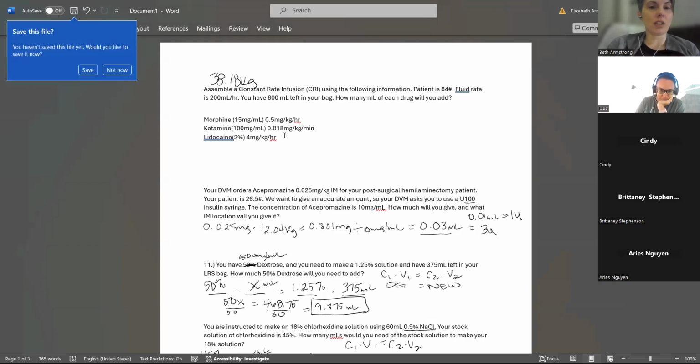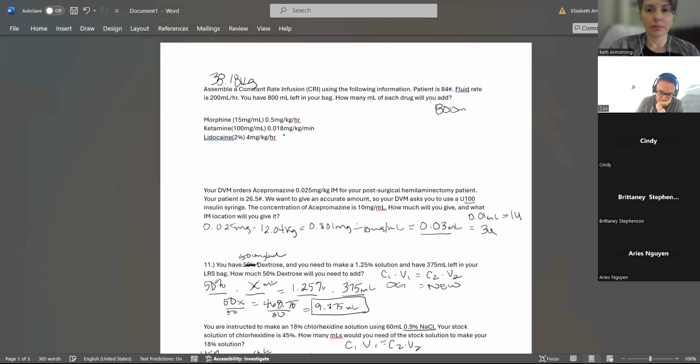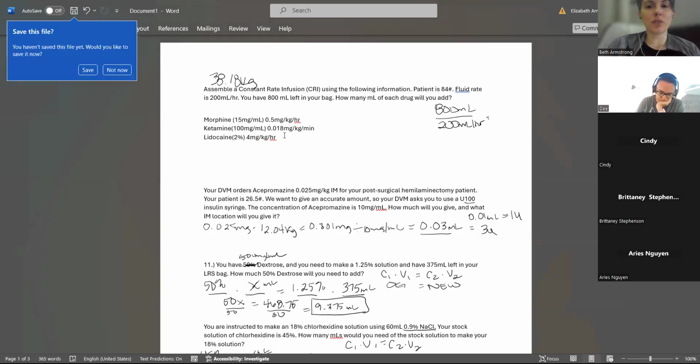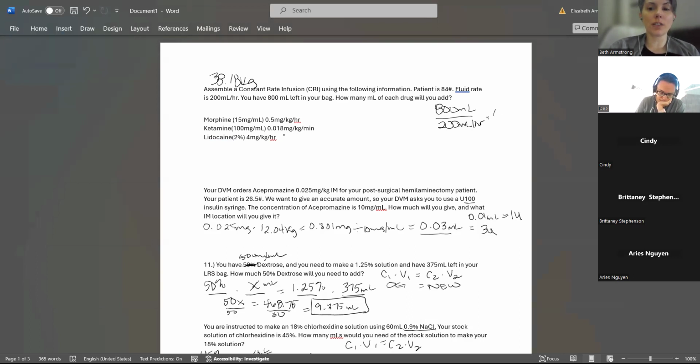Now we have to figure out time. How long are we going to make these medications last? If you only have 800 mils in your bag and you're running at 200 an hour, don't you divide 800 by 200 to figure out how long the bag will last? Very good. So 800 divided by 200 is 4 hours.